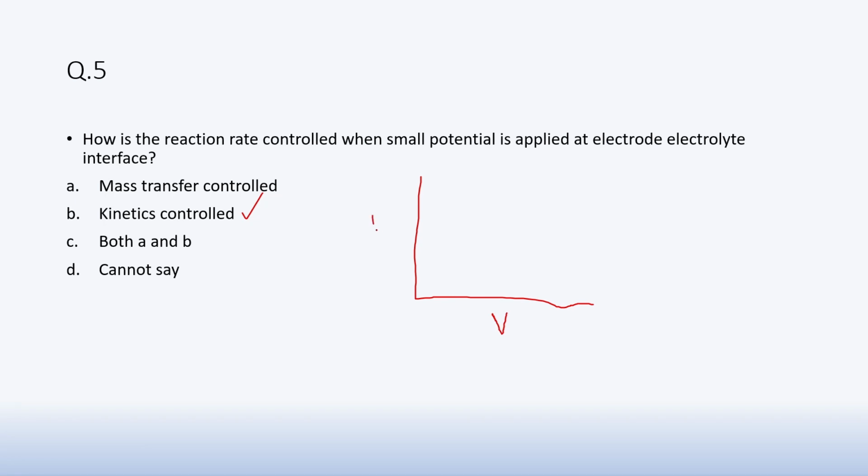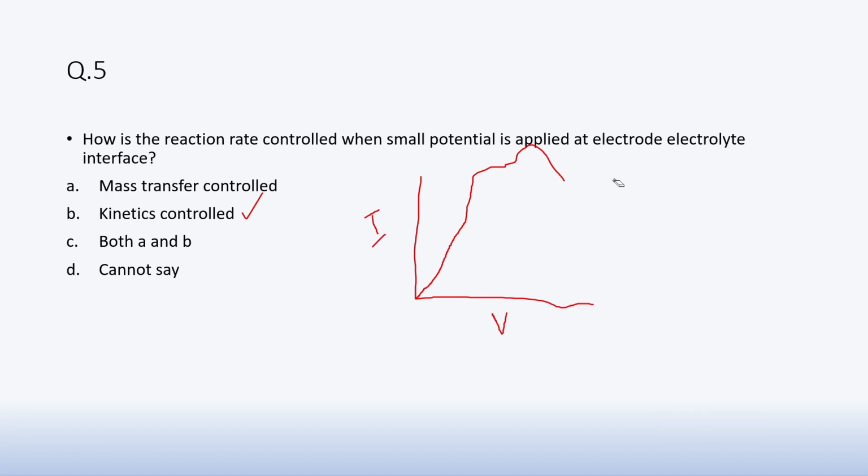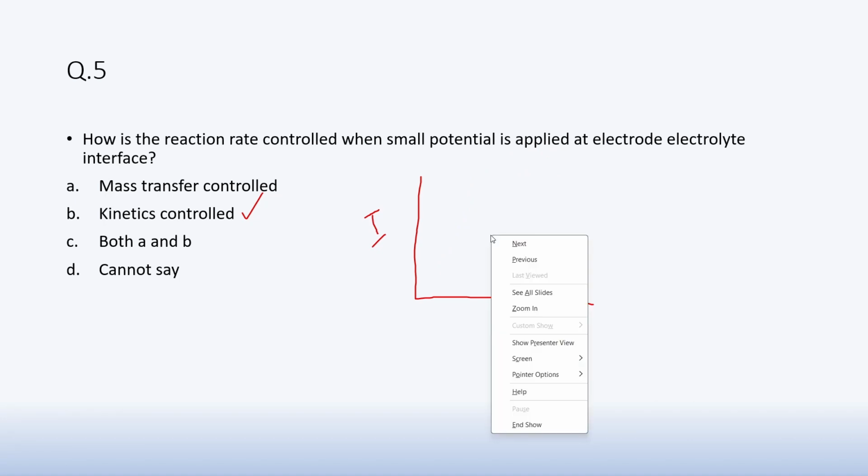So there will be a current. When I start to increase the potential, after some time it becomes like this. So I'm applying a potential.